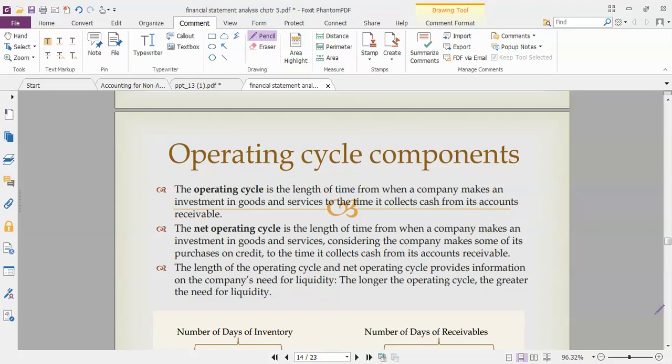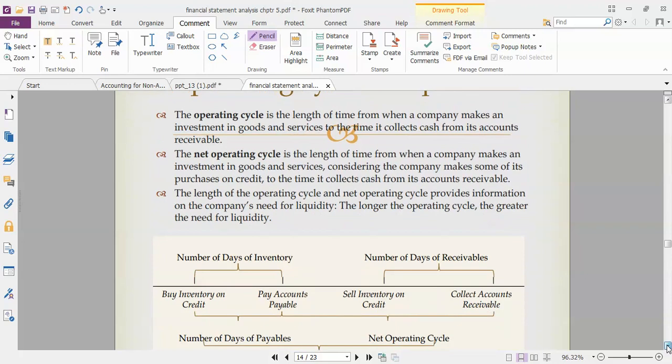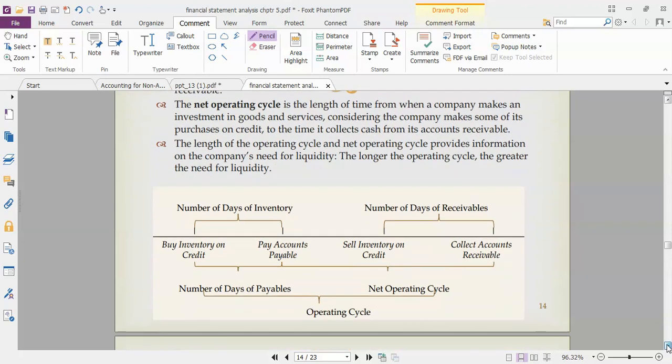And then the company policies in order to get the cash from the accounts receivable. That is the operating cycle components. They have two things here, that is inventory and also accounts receivable. The number of days of inventory is the length from buying inventory on credit to paying the accounts payable, so that we will get the number of days of payables.